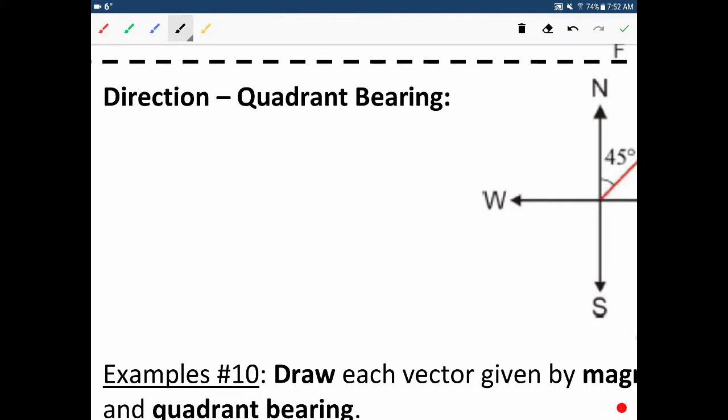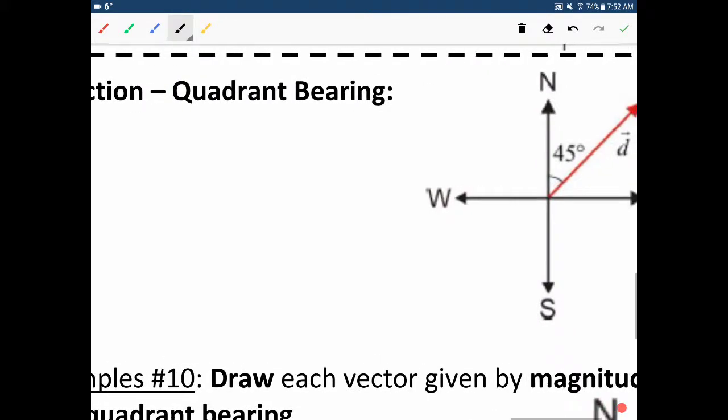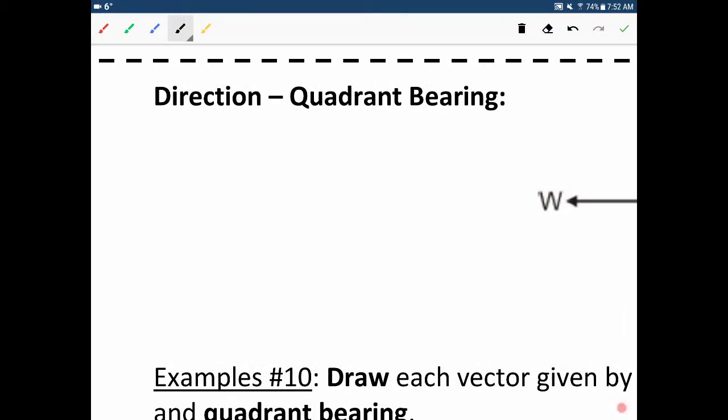If, however, it is a quadrant bearing, it's given between the north-south line and the vector. So it can go from the north or from the south. And then you just have to specify whether you went to the east or to the west.